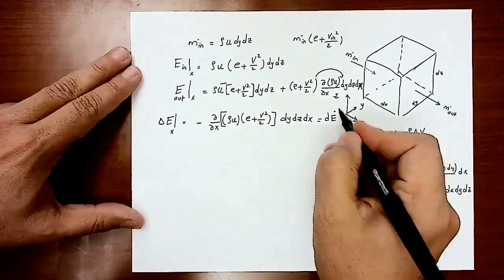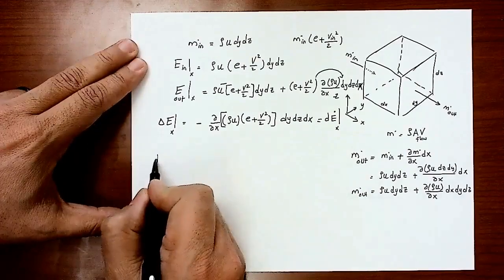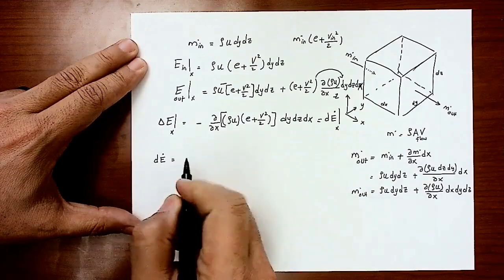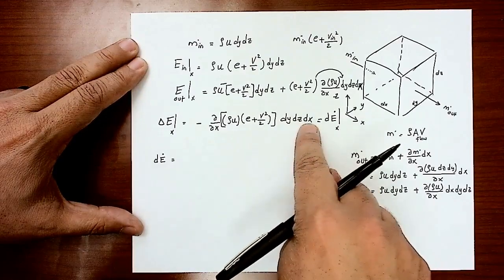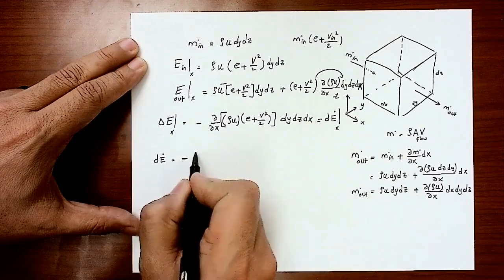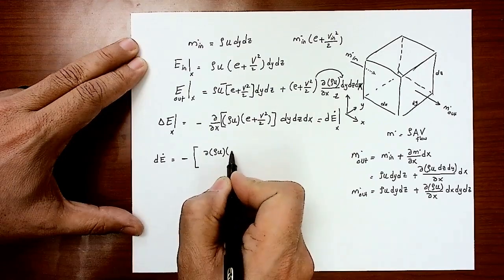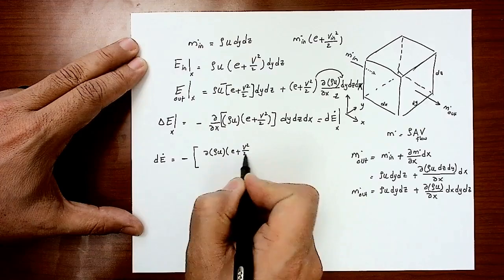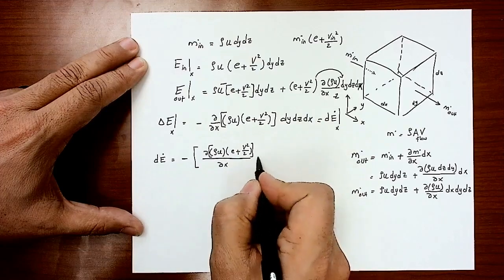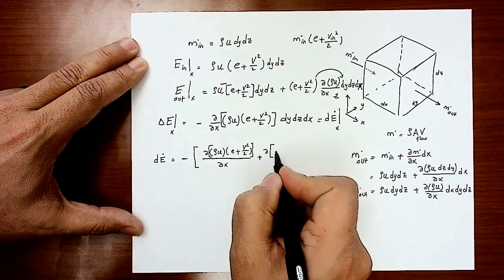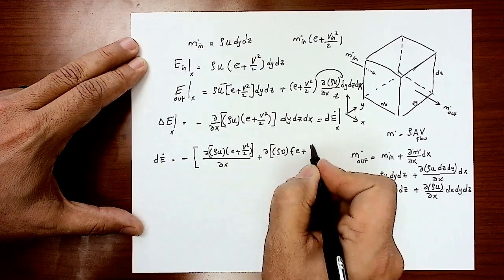But remember, this is only in the x direction. If I want to get dE dot in all directions, dE dot total will equal, dy dx dz is a common factor. So I will have minus also as a common factor, partial of rho u times (E plus V squared over 2) by partial x. Remember, you have this totally in a bracket, plus, I will open a bracket here, rho v multiplied by (E plus V squared over 2).